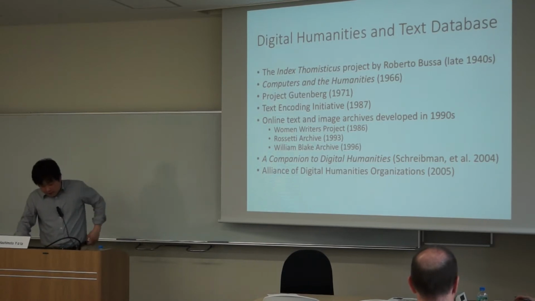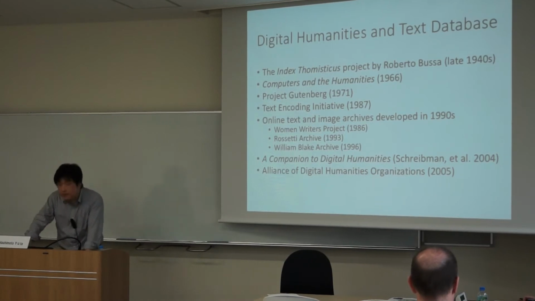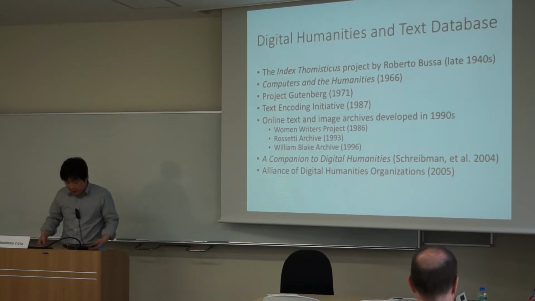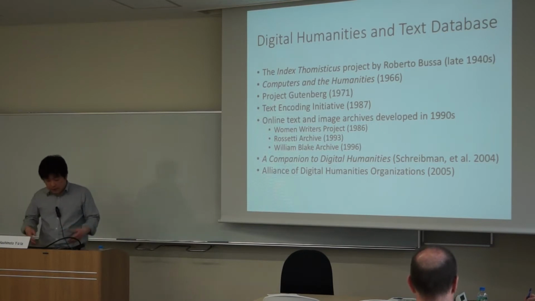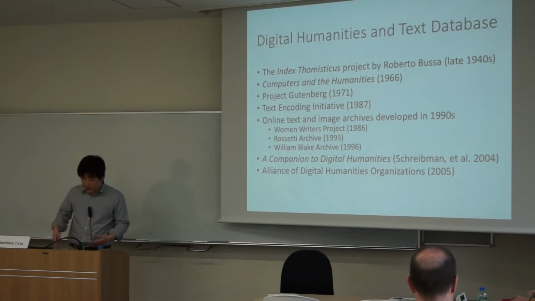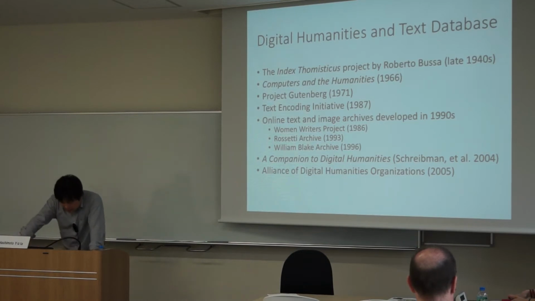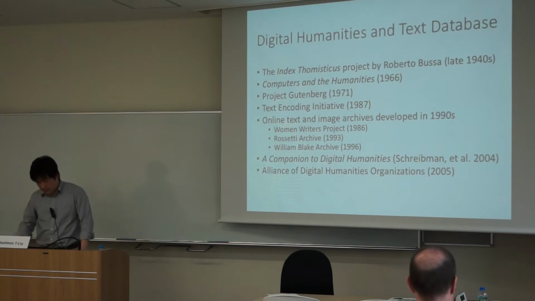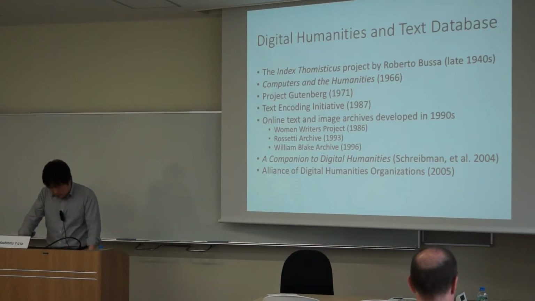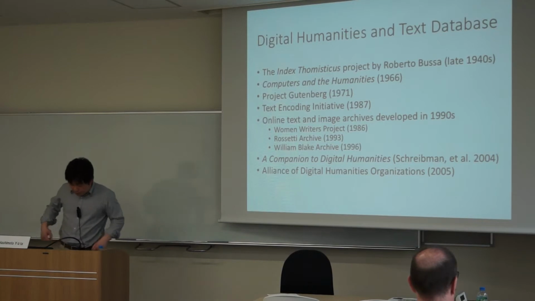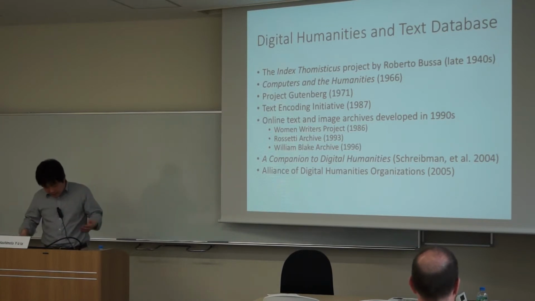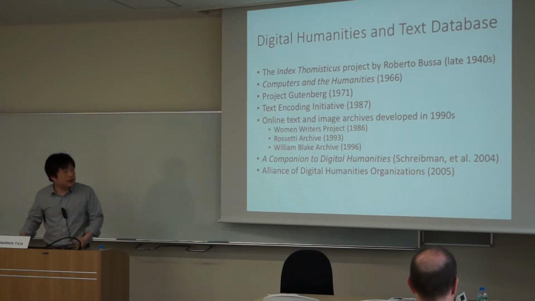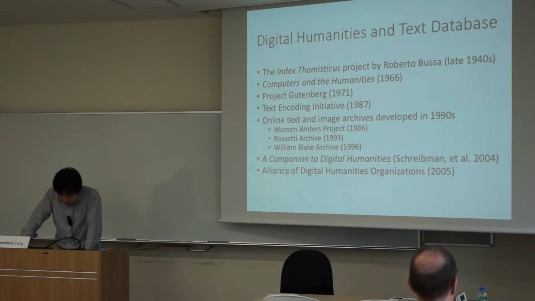And in the 1990s, when the internet grew very rapidly, there were lots of important online text databases, including the Women Writers Project, the Rossetti Archive, and the William Blake Archive. And all these events contributed to the rise of digital humanities in the 2000s.